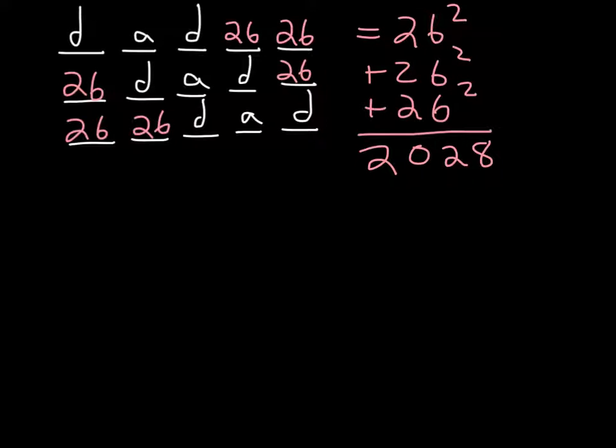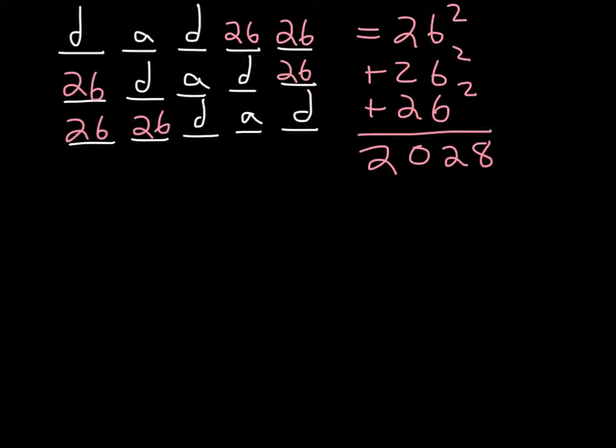However, there's one case we have to be careful of. When we had our first word here, we said we had DAD and 2 other letters. But what if this letter was A and this letter was D? Then it would cover this case down here. So we've counted one word twice.